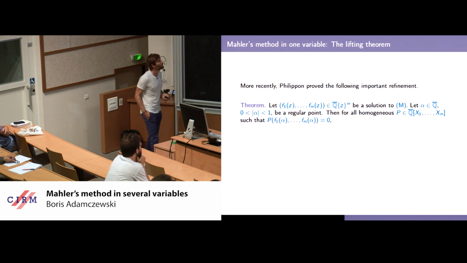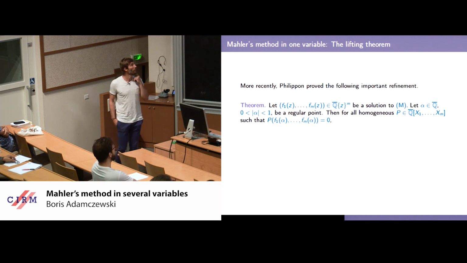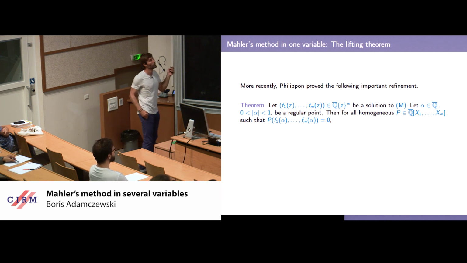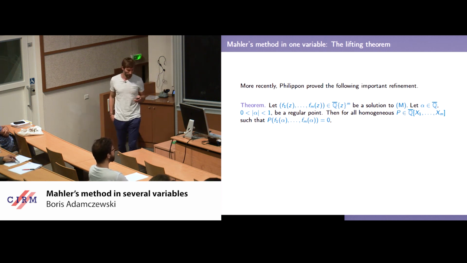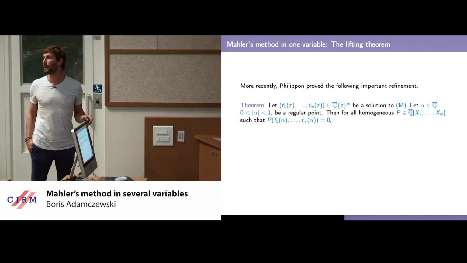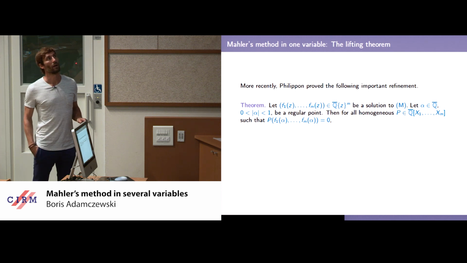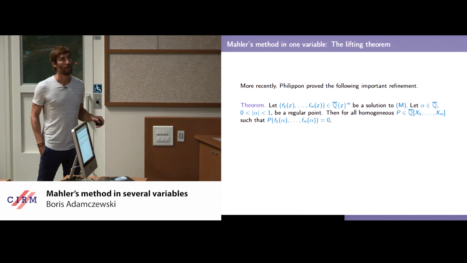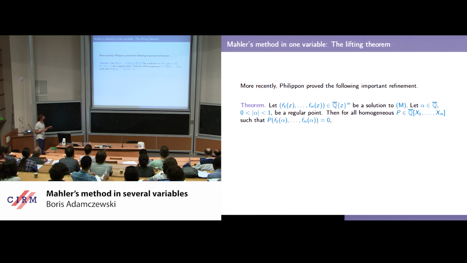And recently, Patrice Philippon obtained the following important refinement of this Nishioka result that I'm going to describe. You consider a solution to a linear Mahler system and a regular point, and now you pick any homogeneous algebraic relation between the values f1 of alpha, ..., fm of alpha.